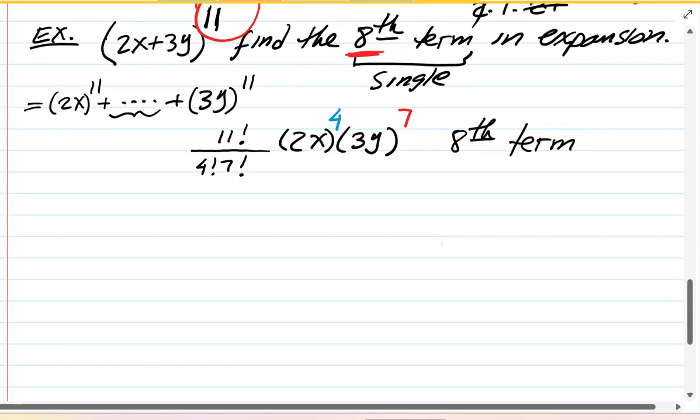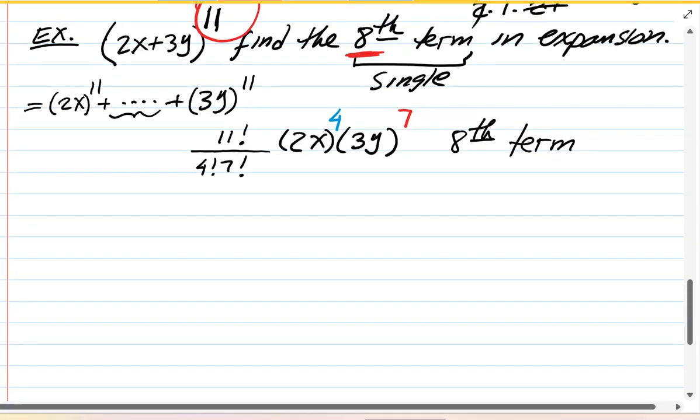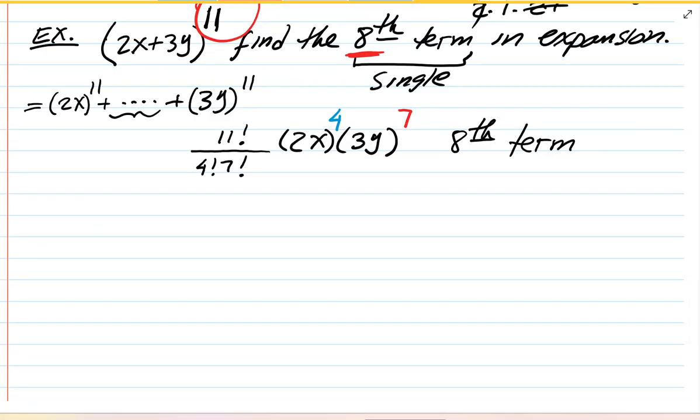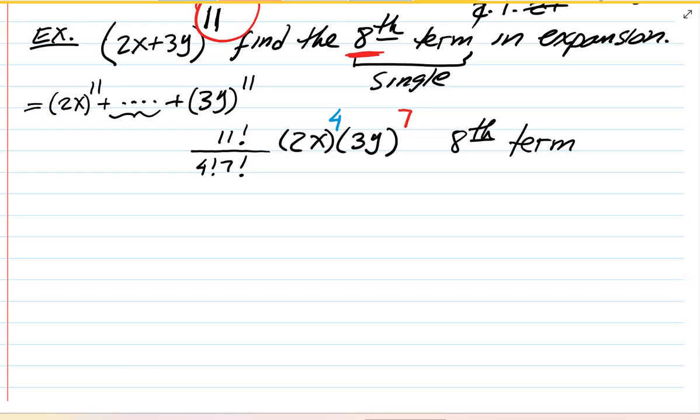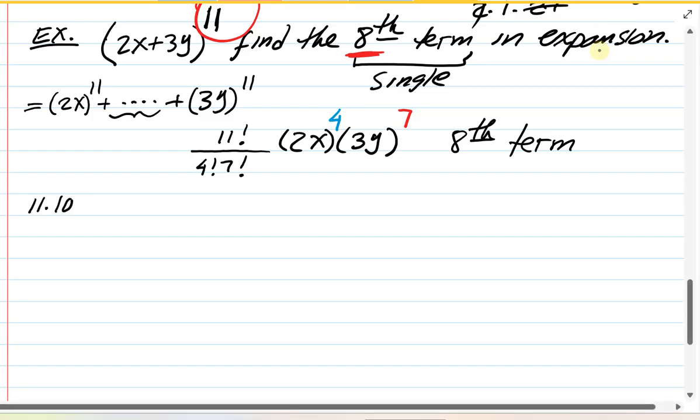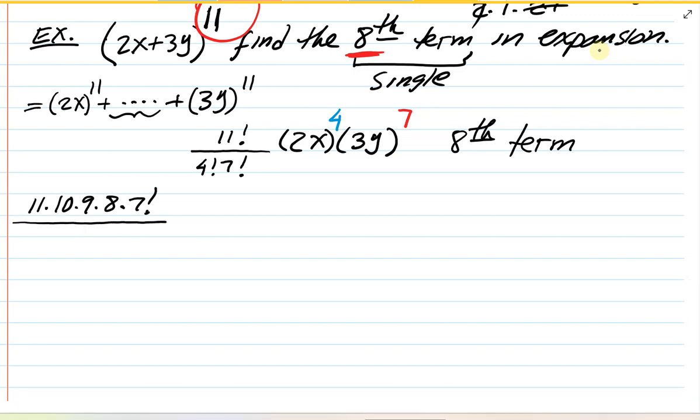Now, let's tidy up, because remember, we always have to simplify this. For the simplification step, I'm going to do the factorial and then work the 2 to the 4th and 3 to the 7th. First, the factorial. 11 factorial is 11, 10, 9, 8, 7, 6, 5, 4, 3, 2, 1.